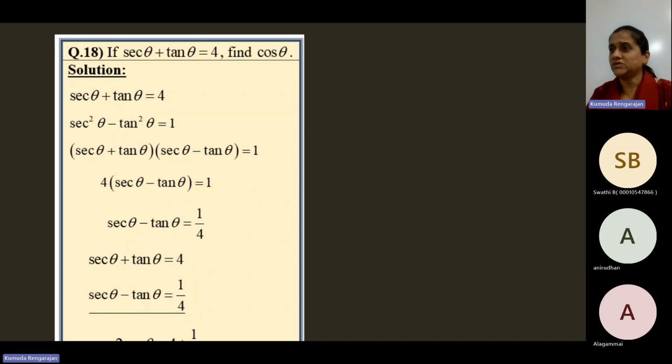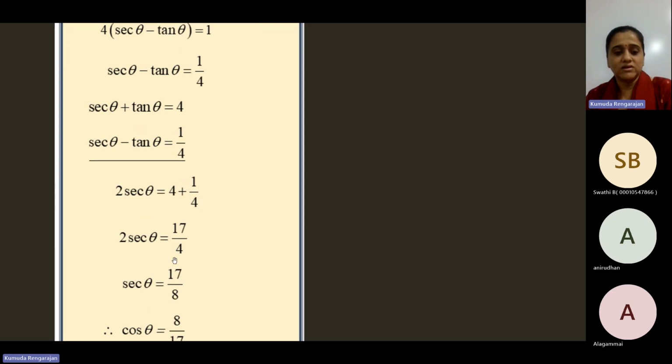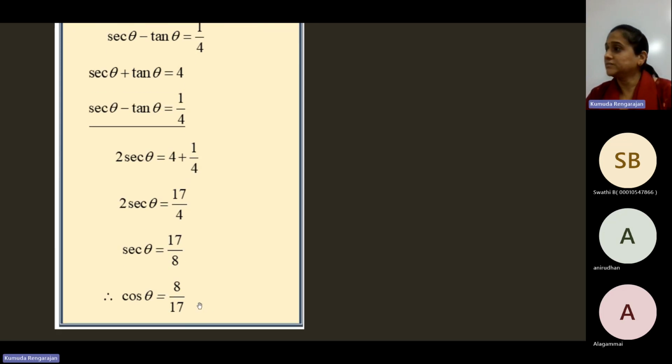I'll be sharing the images, since you haven't completed the notes. So secant theta plus tan theta into secant theta minus tan theta is 1. Substitute and then you get secant theta minus tan theta is 1/4. Write the equations one below the other, and then this one gets cancelled. So 2 secant theta is this one. Understand?